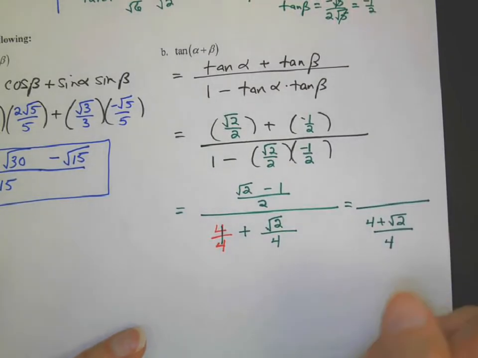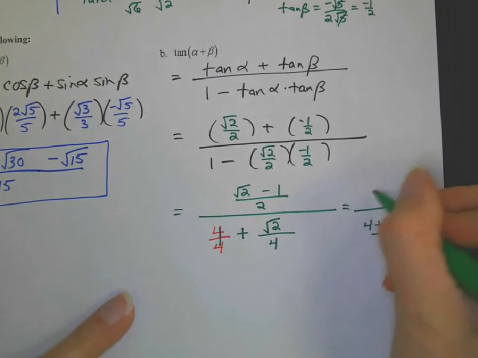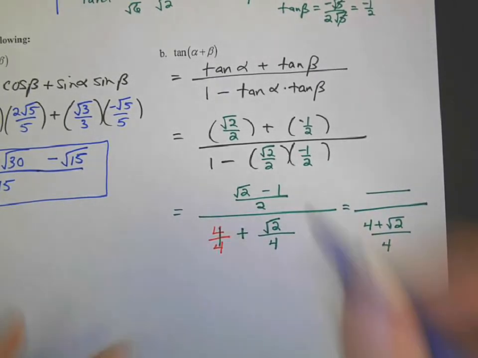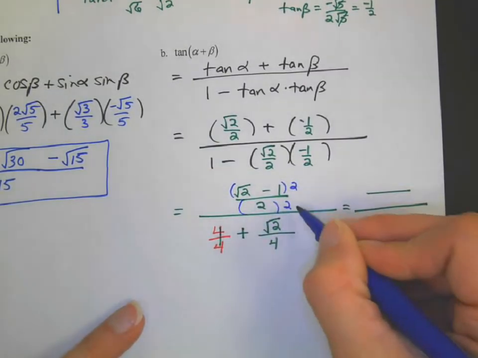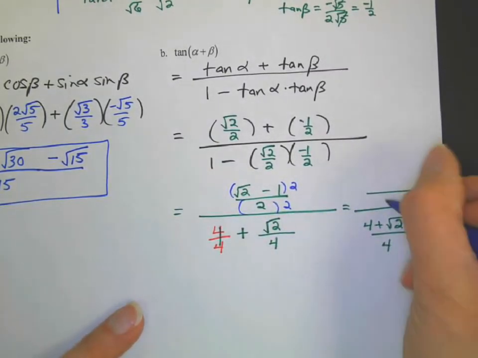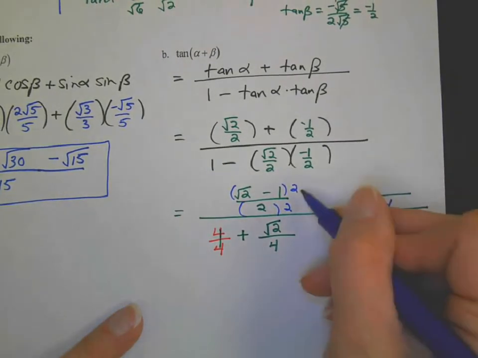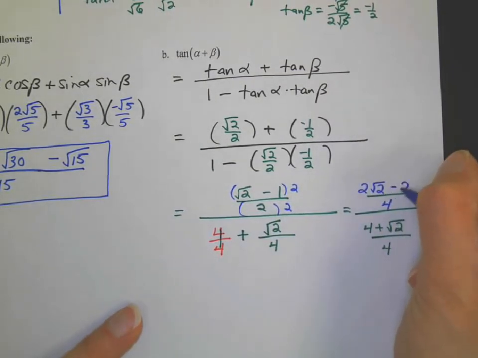Now what I'm going to do up here, take a look, this is a fun technique. I need to have his denominator match. I'm going to multiply this fraction here by 2 over 2. So he gets a denominator of 4. And the numerator would be, make sure you use parentheses there, 2 radical 2 minus 2.